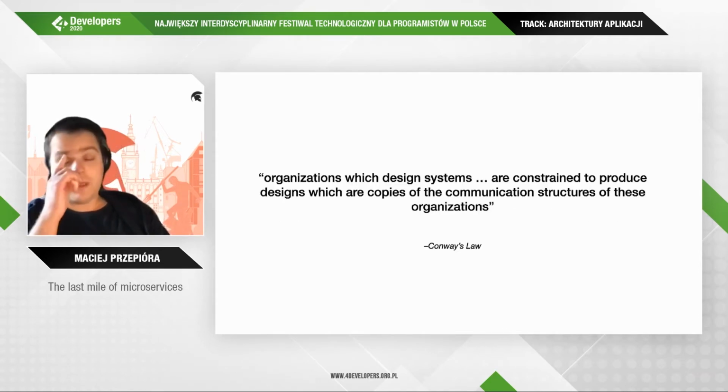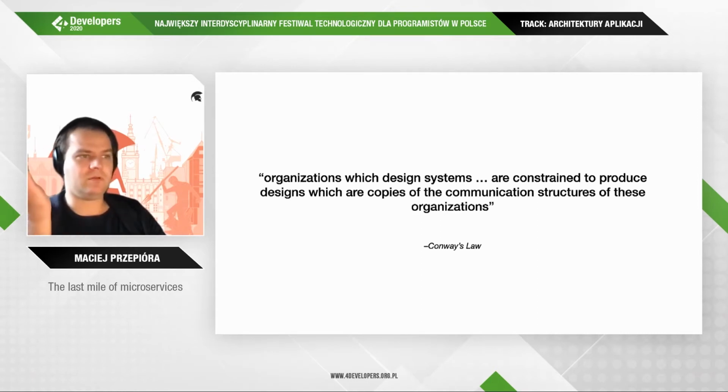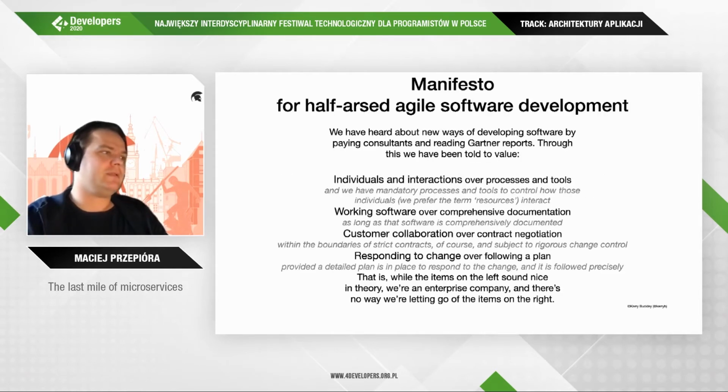Okay, one thing to remember is that because of Conway's law, microservices are very hard to implement in a traditional setting, like, for example, waterfall, or something that I like to call corporate Scrum. So this is what I mean by corporate Scrum. Even though it looks like Scrum, it's not Scrum.